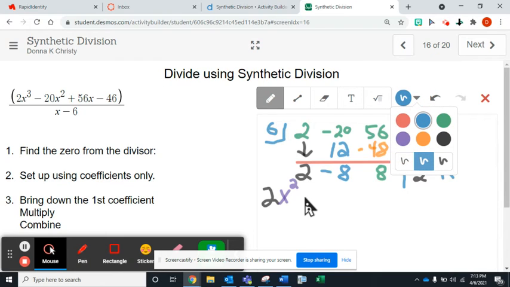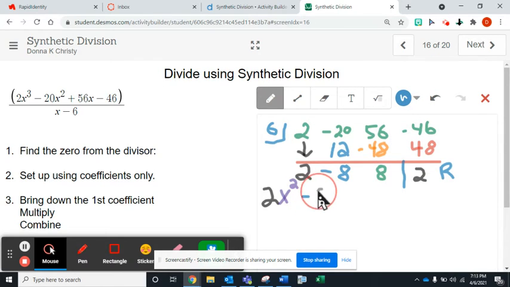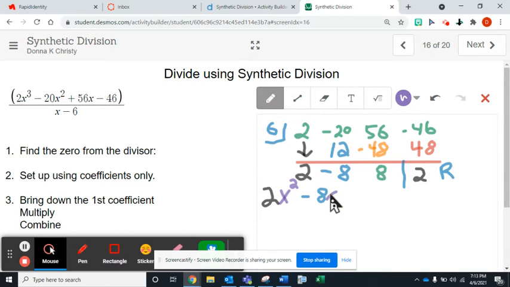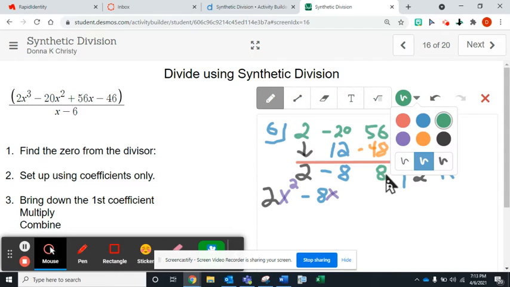Then it's going to be minus 8. What's the next one down from x squared? It's x. We don't have any more variables, so now we just bring down the 8.